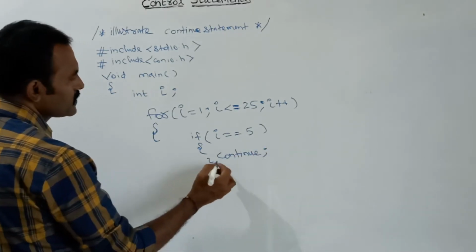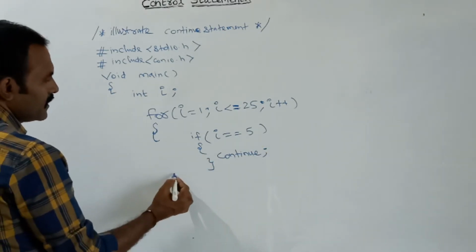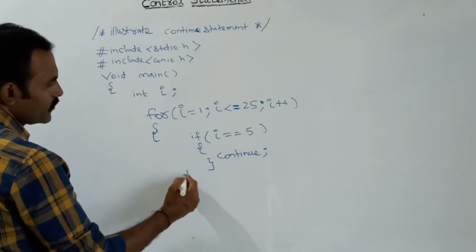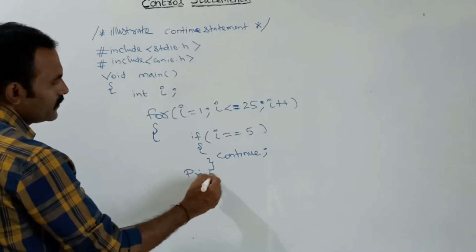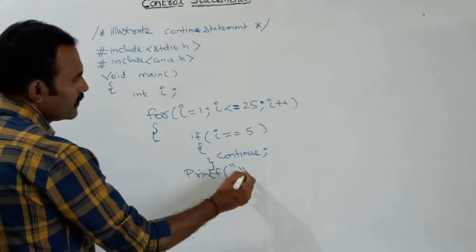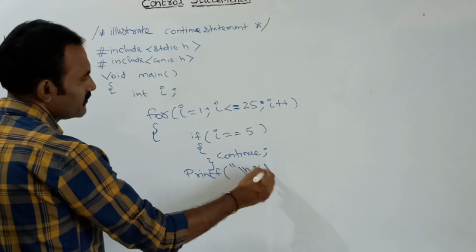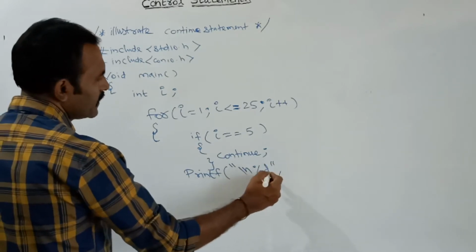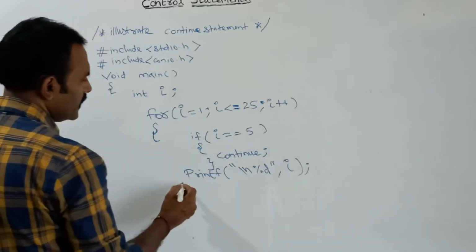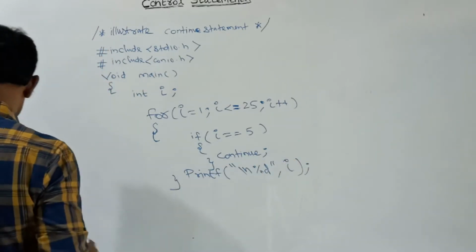Next, closing this if brace, and for the next I am telling it to print the I value: printf, \n, percentage d, and after that the I value. Here I am closing this for loop.